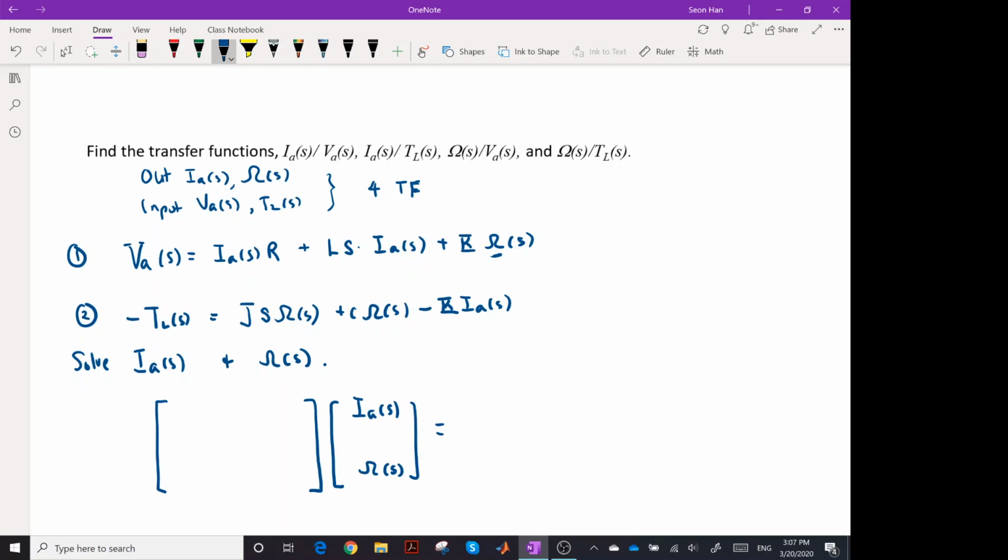So let's say the first equation is LS plus R times current plus K times omega, and in the second equation, the coefficient of I is negative K, and the coefficient of omega is JS plus C, some damping constant, equals your V supply voltage, or the armature voltage, minus the load torque.